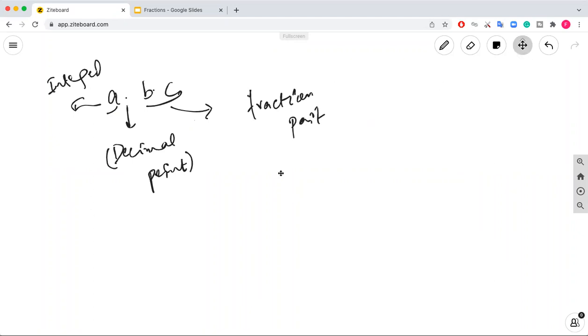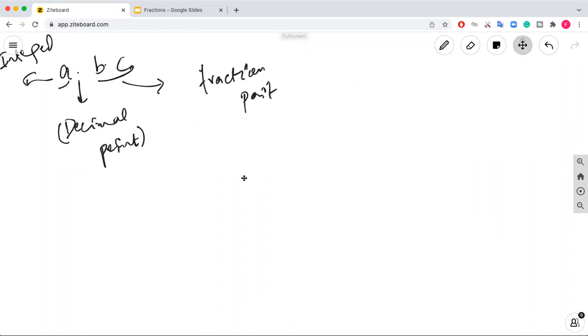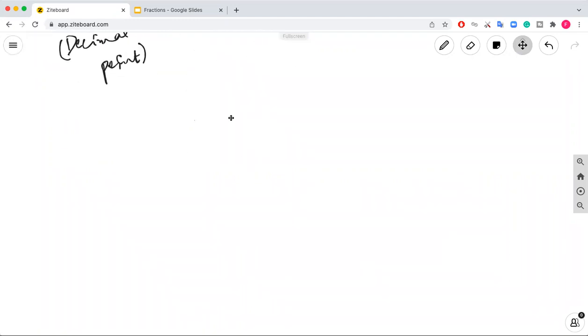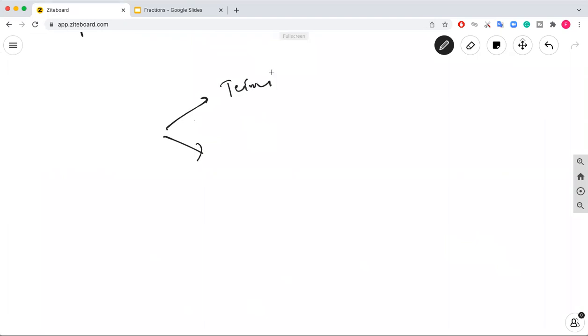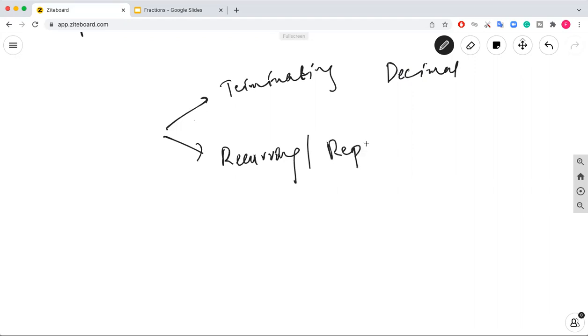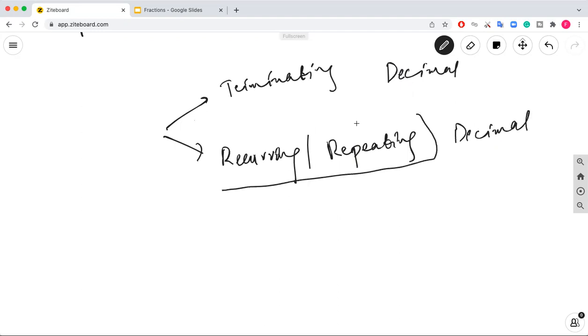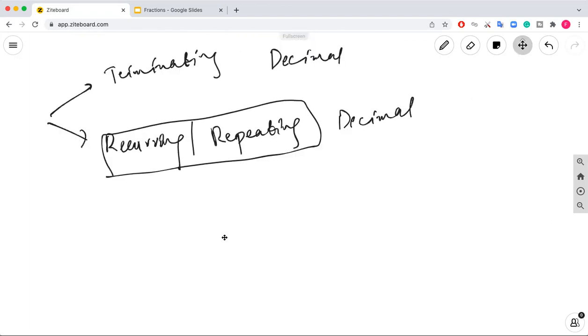And in the decimal portion, we usually see only 2 types. One is terminating decimals, and the other one is recurring or repeating decimals. This is a topic that most of us usually fear. So let's see both of these in detail.